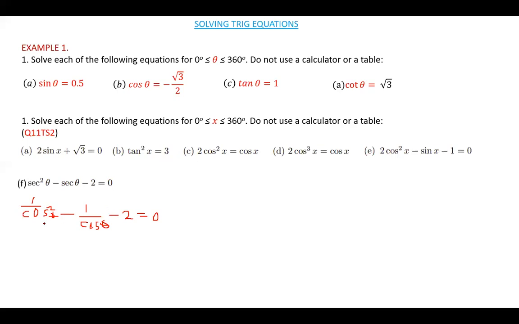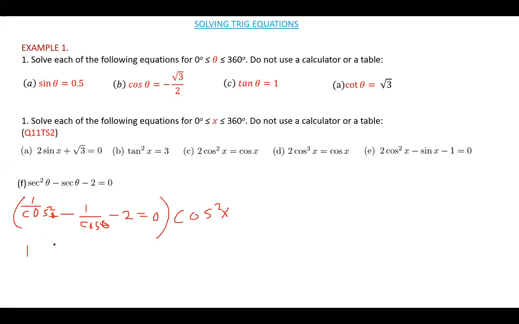And then you just know how to manipulate this. This is just one way in which you can do it. You can multiply everything by cos squared theta. When you multiply everything by cos squared theta, you're going to have 1.